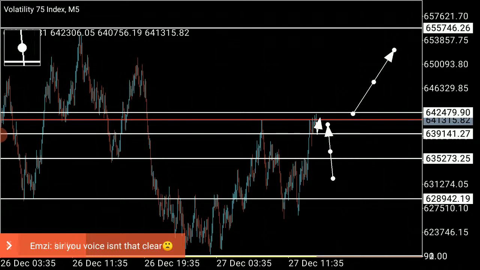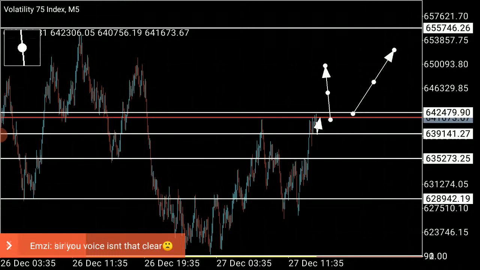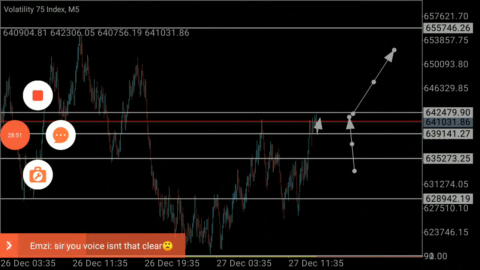Some other people could spot theirs either way, but for me, that's how I spot mine. I make sure I watch it break through. When it tries coming back down, I observe it. If I notice that it does not respect this level, which is now a new resistance, then I know it's a false breakout. Right?